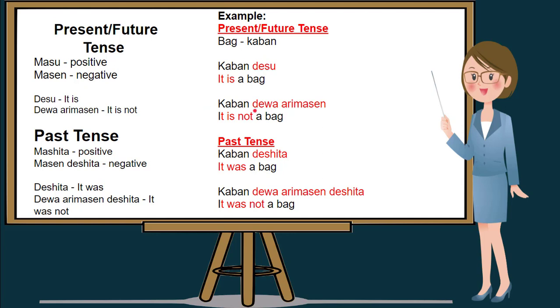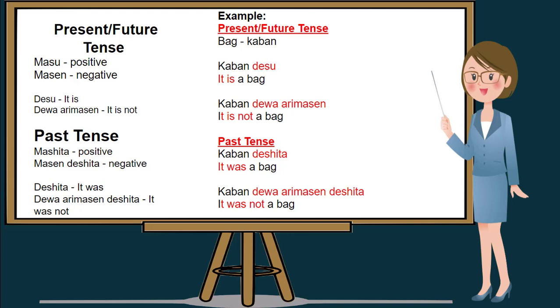In this sentence, we will be using dewa arimasen, which is a negative present tense. In English, dewa arimasen means it is not. If we read kaban dewa arimasen, in English, it means it is not a bag.